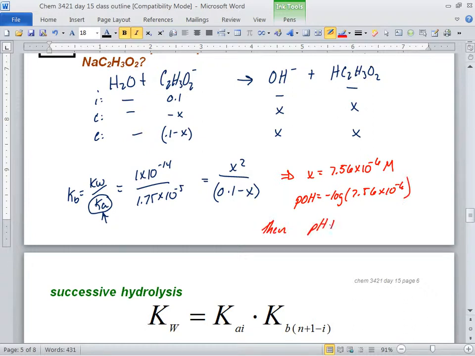And then you know that pH plus pOH is 14, and solve for pH. So I got about 8.88 or so. Something really close to that.